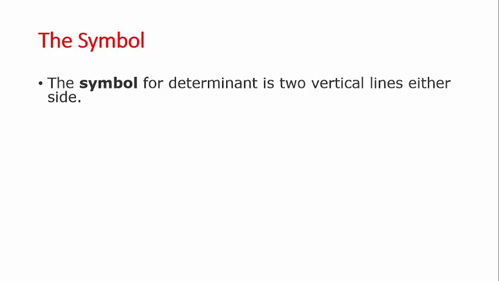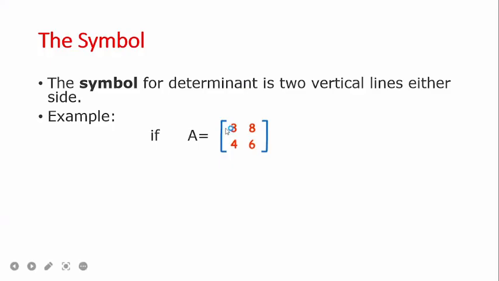Likewise, there's a separate symbol to indicate this is the determinant. Usually the symbol for the determinant is two vertical lines on either side. As an example, if this is the matrix, A equals 3, 8, 4, 6, a 2 by 2 matrix, the determinant symbolizes as this. You know this, but again I'm reminding you.